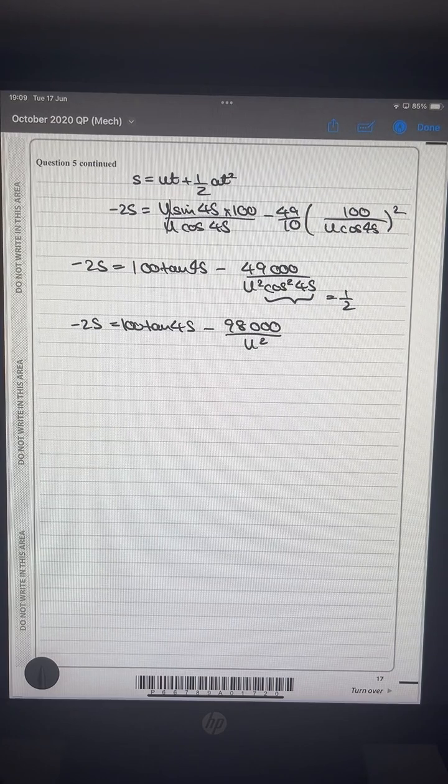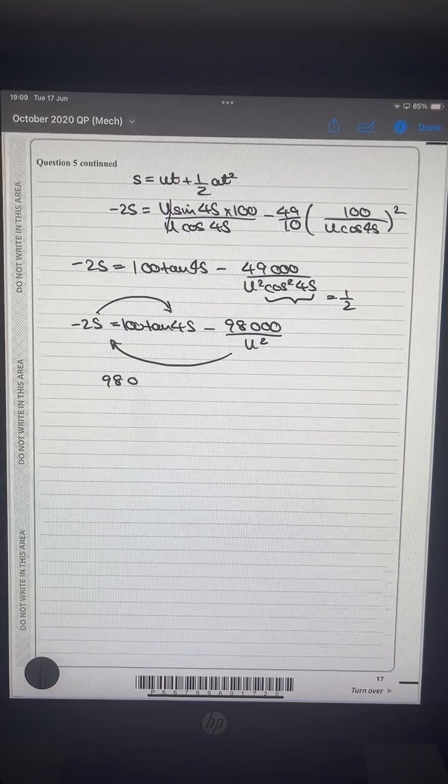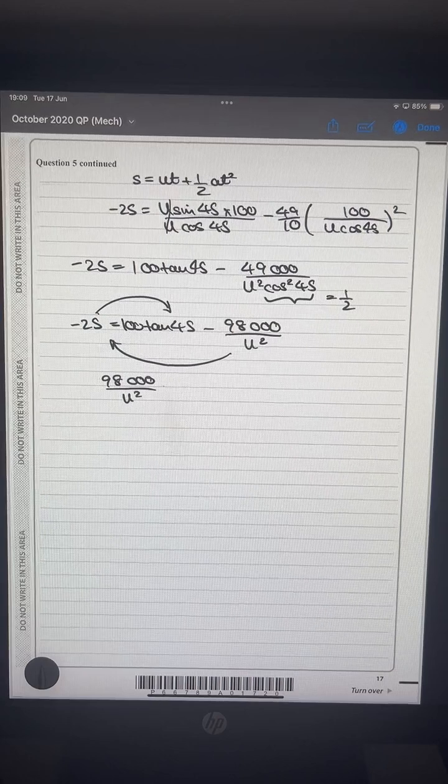Now, what am I going to do here? I am going to bring this onto the left side and add 25 onto 100 tan 45. So by bringing this here and by bringing that there, I get 98,000 divided by u squared equals 100 tan 45 is just 100 plus 25 is 125.